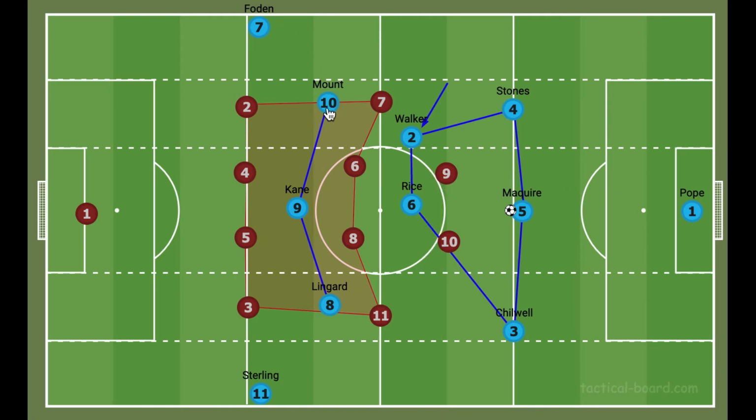Next we have Mount, Kane, Lingard, three players playing between the lines. So we have occupation of each central corridor in the advanced areas.